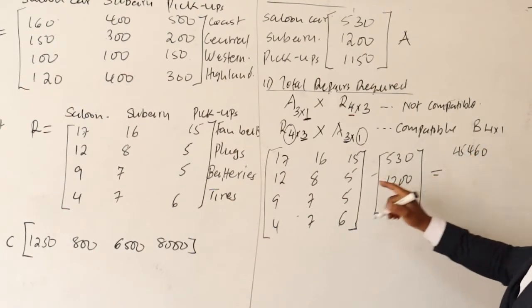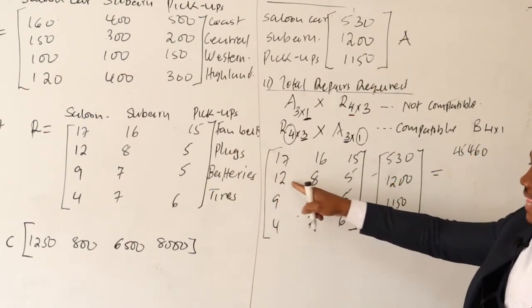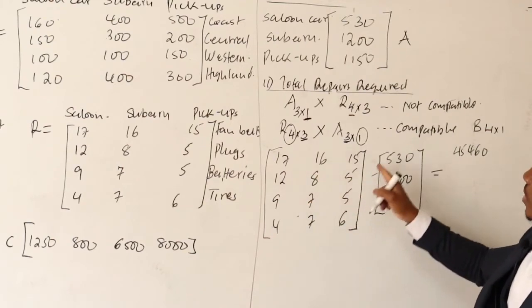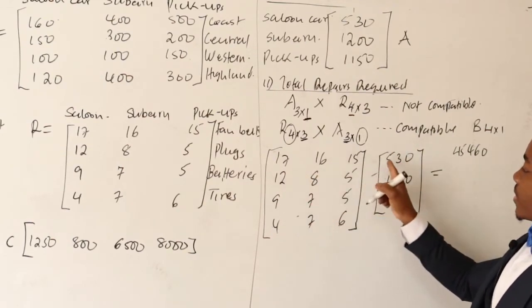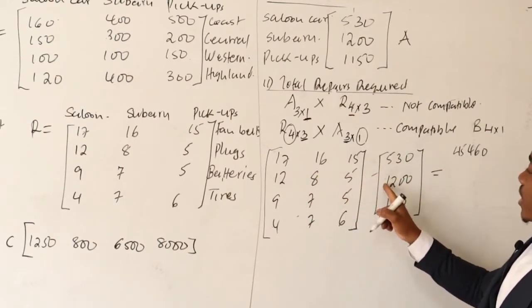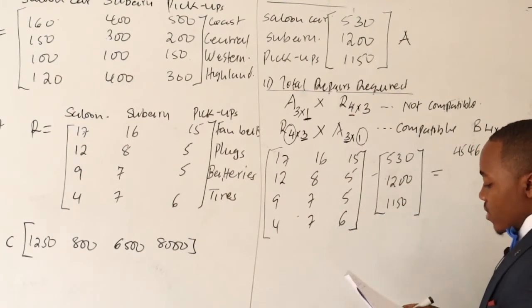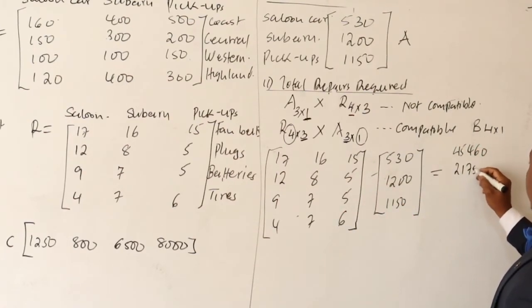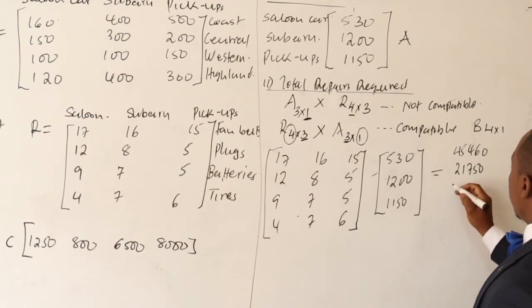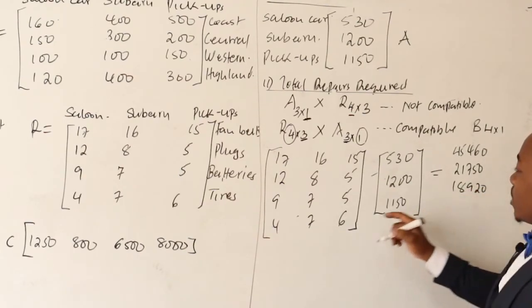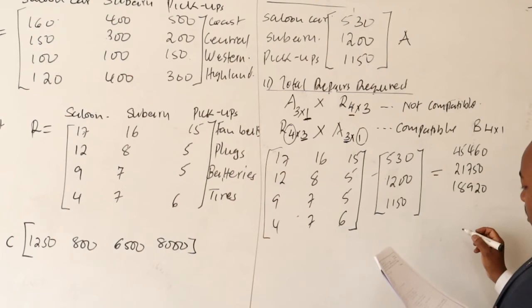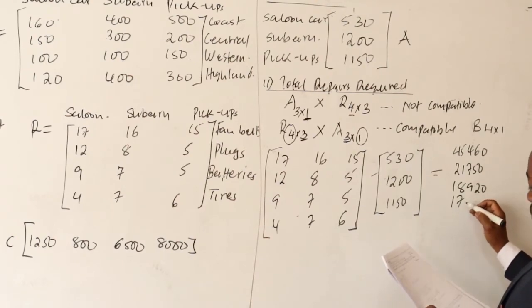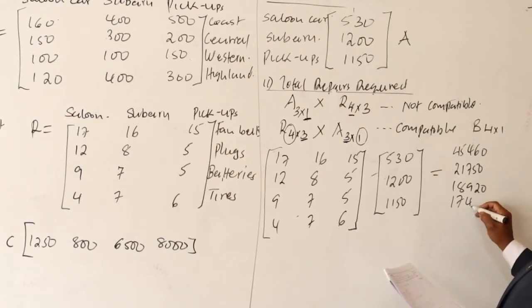Then you take the second one, second row, first column. So it's 12 times 530 plus 8 times 1200 plus 5 times 1150. And you have 21,750. And this one you have 18,920. And this one you have an amount of 17,420.